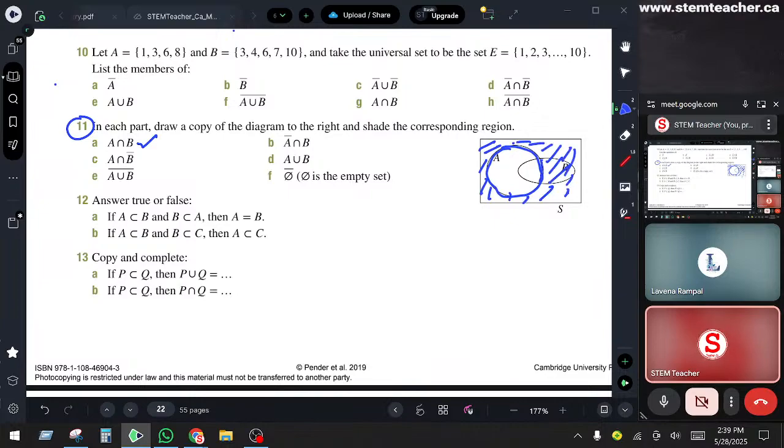Intersection B means this is your requirement: A complement intersection B.